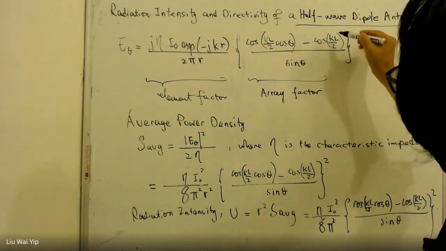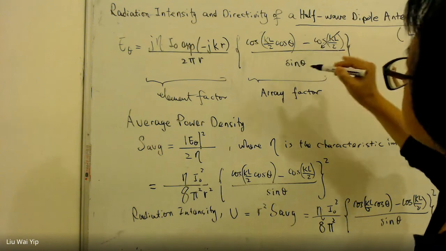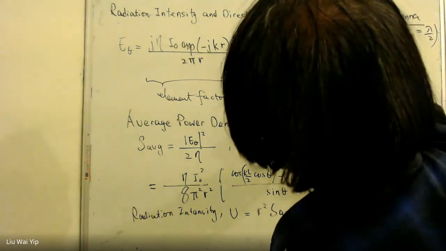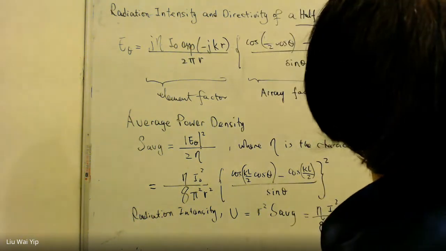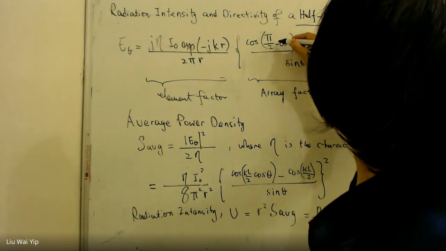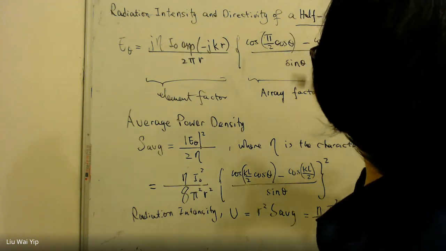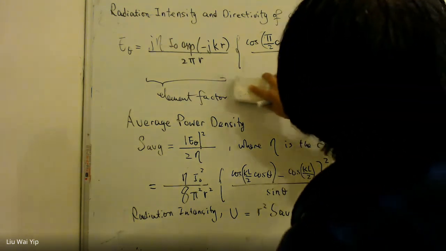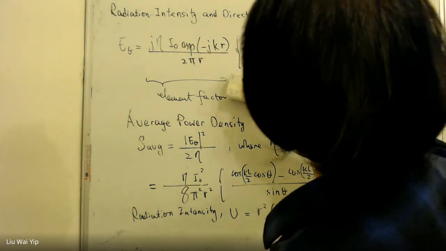So this one goes, and this one will become pi divided by 2. So this is what you are going to get here, and the array vector becomes much simpler.